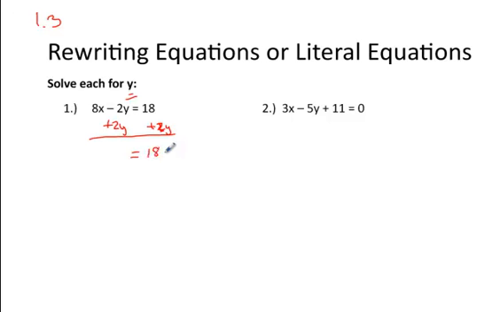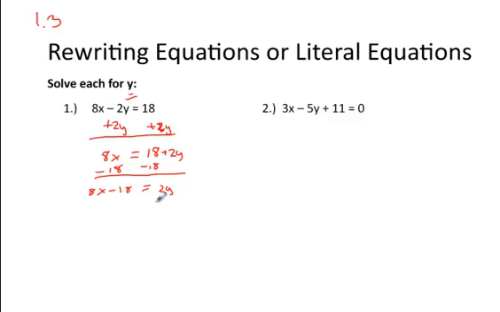I don't care what order I write them in because the 18 and the 2 are going to go away anyway. Now subtract 18 from both sides. Once again, unlike terms, so I have 8x minus 18 equals 2y.